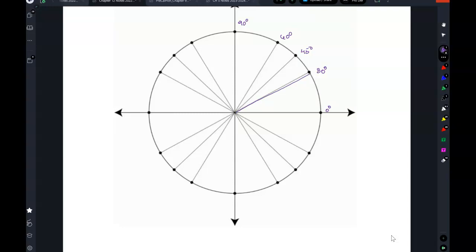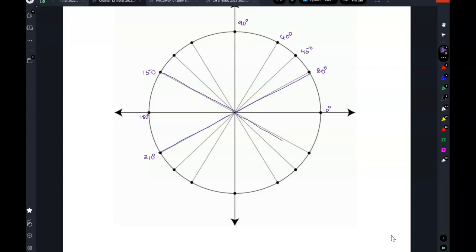Now if you go to quadrant 2, 30 degrees up from the x-axis, that's this one. The x-axis is 180 degrees, so 30 degrees up from that will be 150. This one, 30 degrees down from that will be 210 degrees.